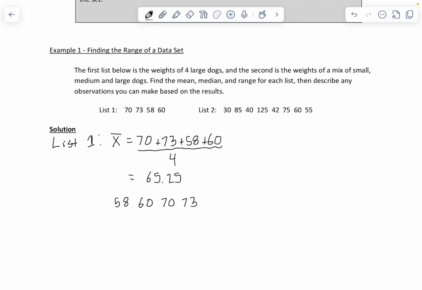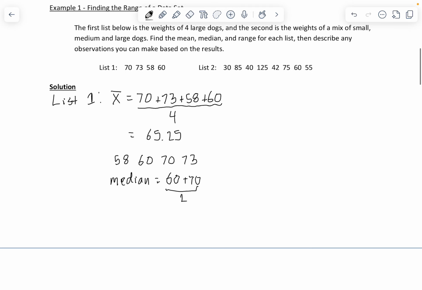The median is the number in the middle, and since there are 4 values in the data set, I will take the 2 middle values, add them up, and divide by 2 to find the median. So the median is equal to 60 plus 70 divided by 2, and that equals 65.